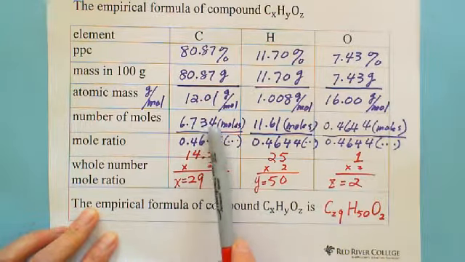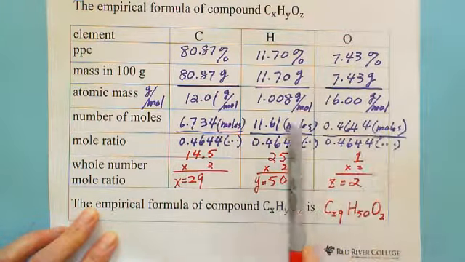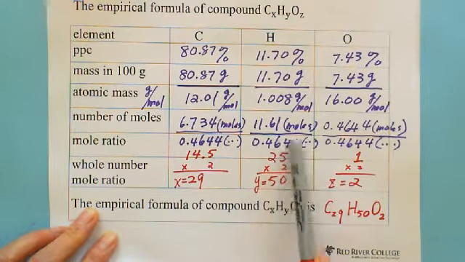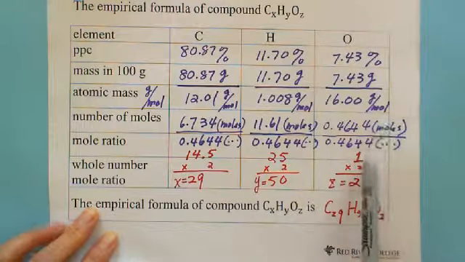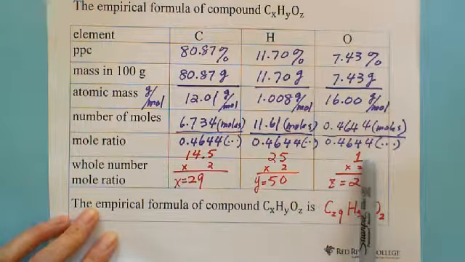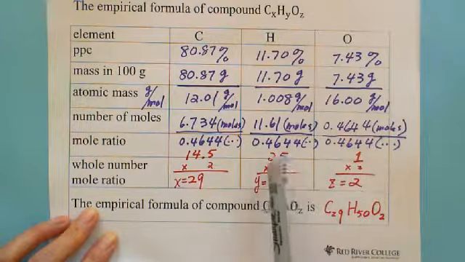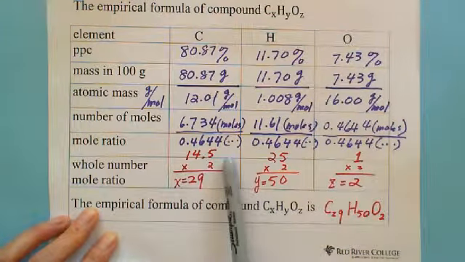You get the number of moles, and after getting the number of moles, remember you need to divide by the smallest number of moles to make a ratio.